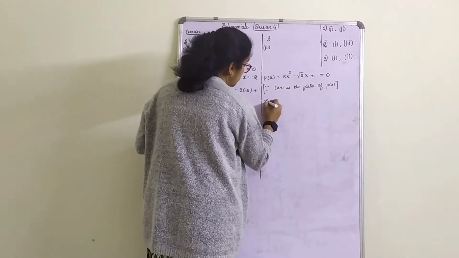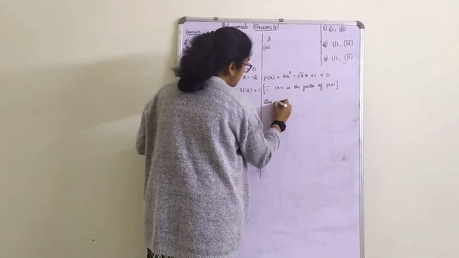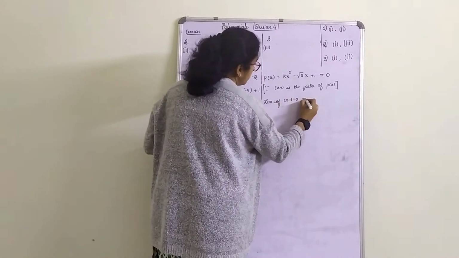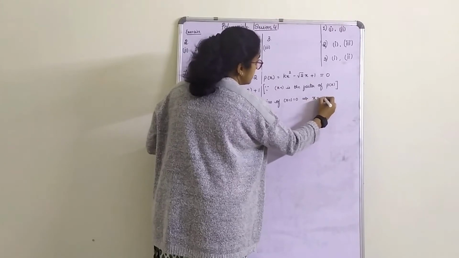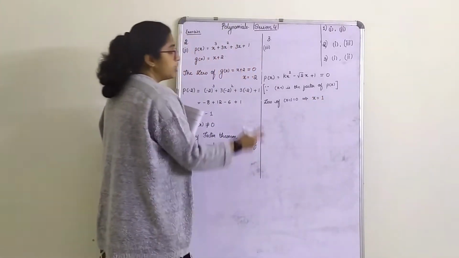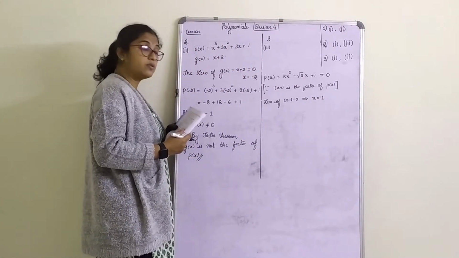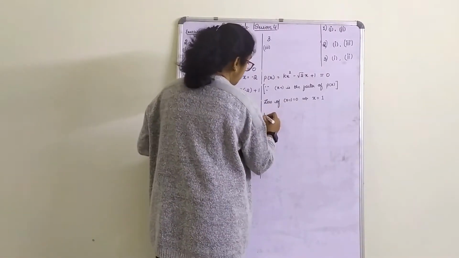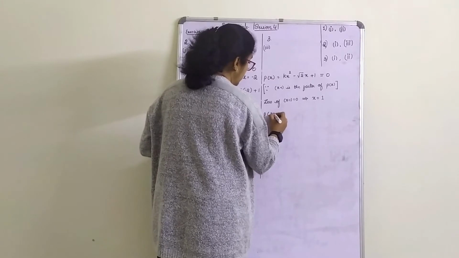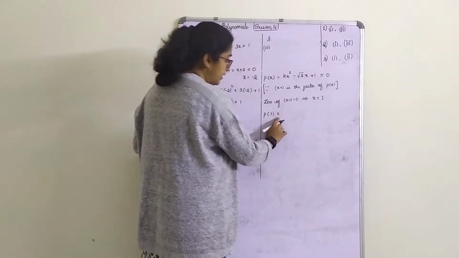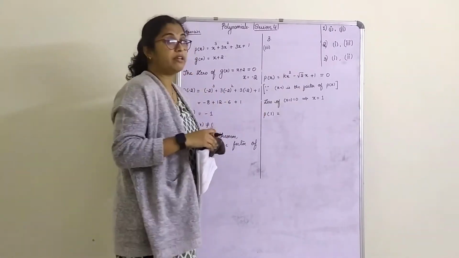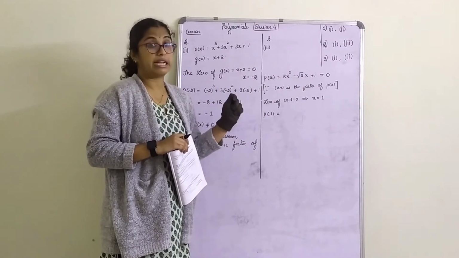So the 0 of x minus 1 is equal to 0. This implies x is equal to plus 1. So wherever we have the x value, substitute it as plus 1. So P of 1 is equal to, when we are equating it to 0 for the second time, actually we are not supposed to write two equal to signs in the equation.